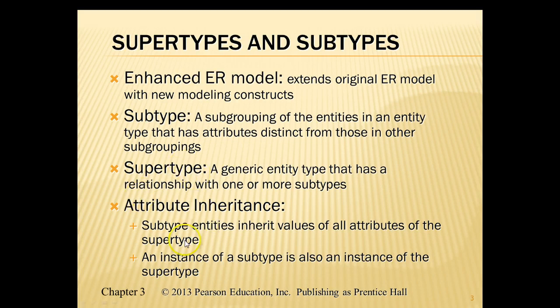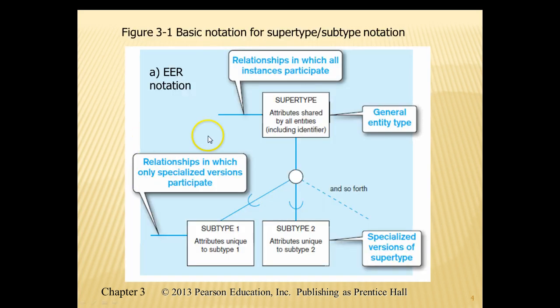So one detail that I want to touch on in this slide is that an instance of a subtype is also an instance of the supertype, and we'll see how this breaks down on this next slide. So this is the breakdown of the supertype up here at the top, and then the subtypes beneath.